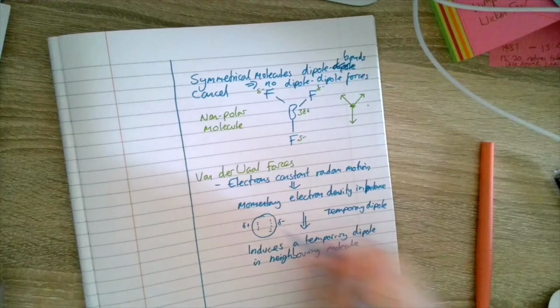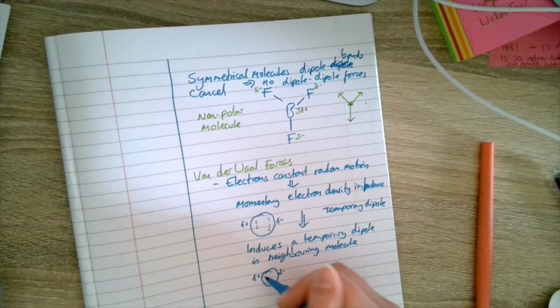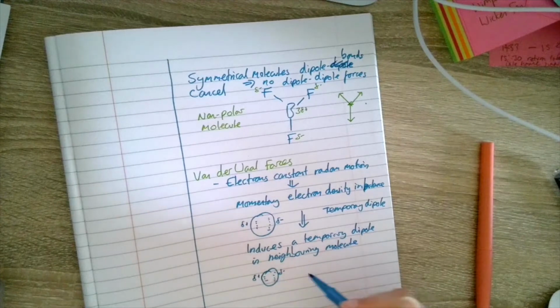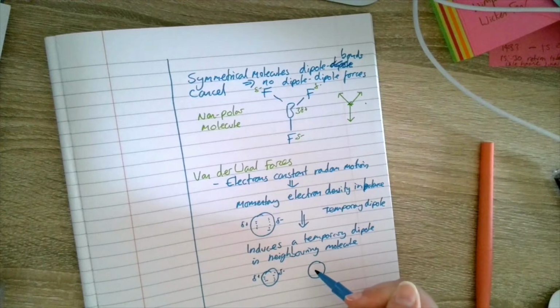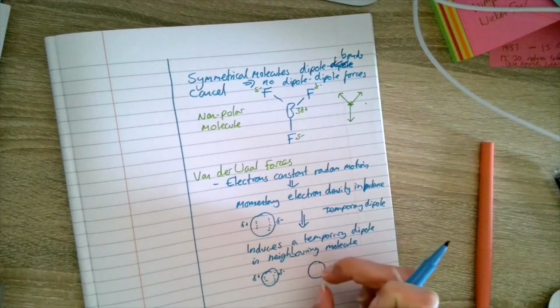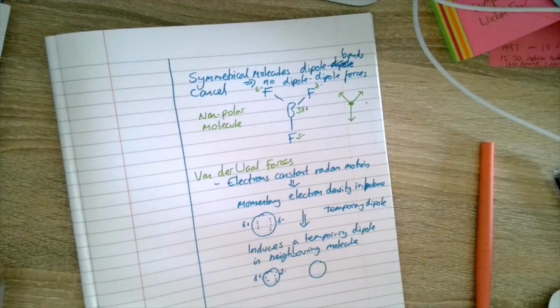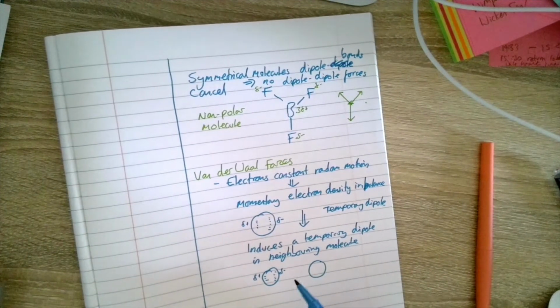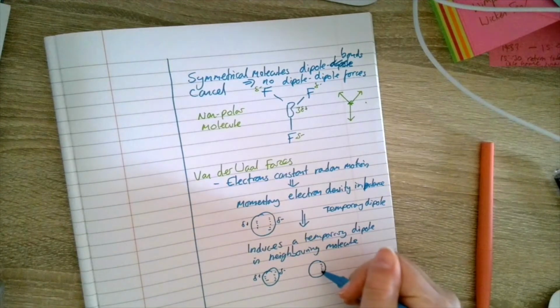So this comes about because we have this molecule which has a temporary dipole. It then comes in contact with another molecule which also has electrons that are randomly moving. However, if something slightly more negative comes into the same area where you've got some negative particles, they're going to be repelled by that delta negative onto the other side.